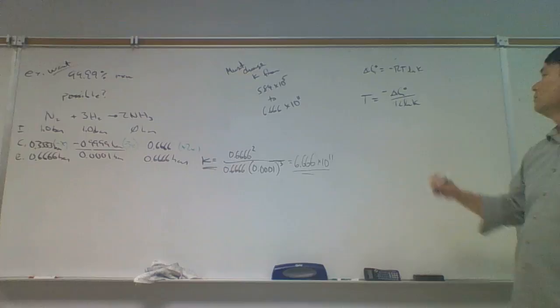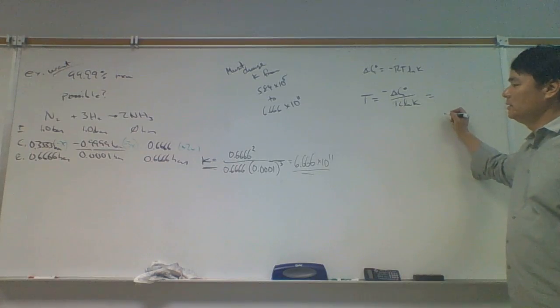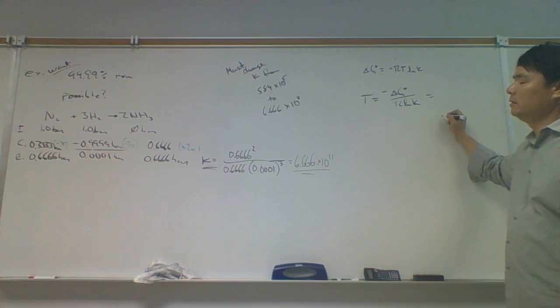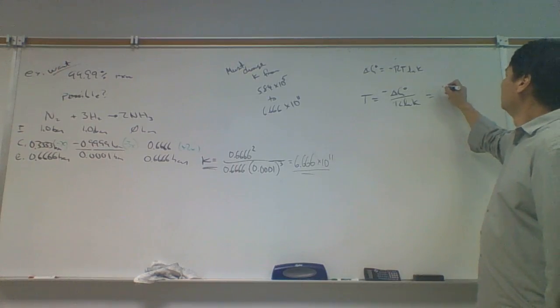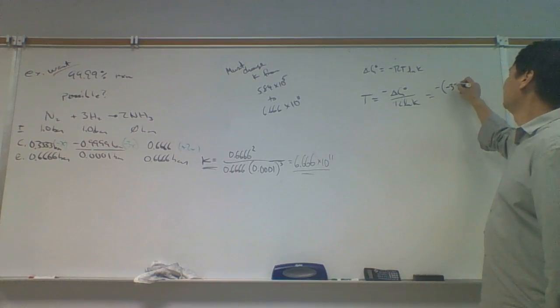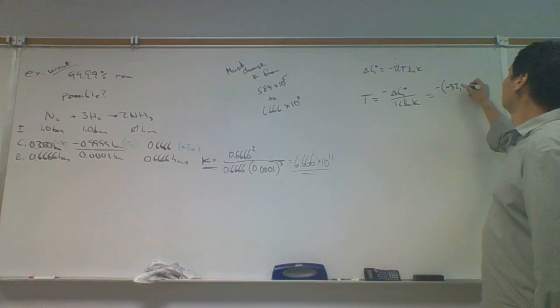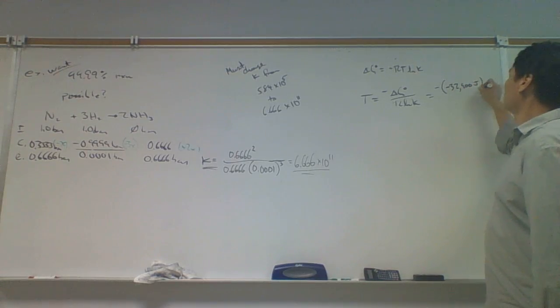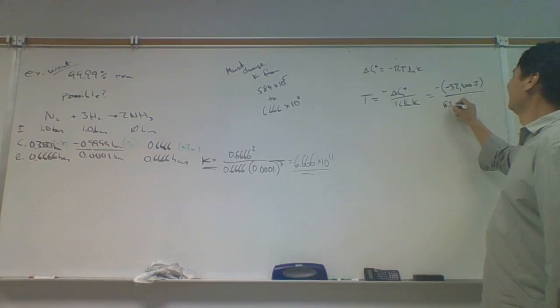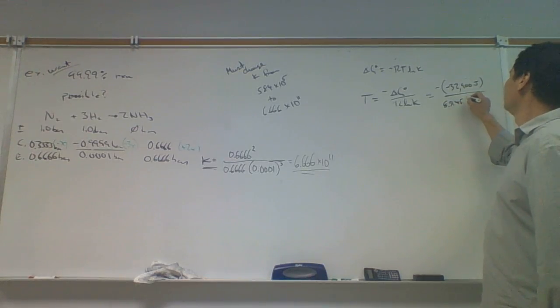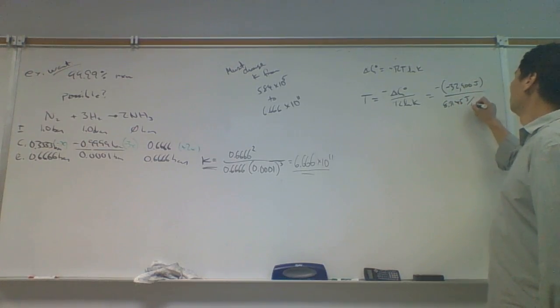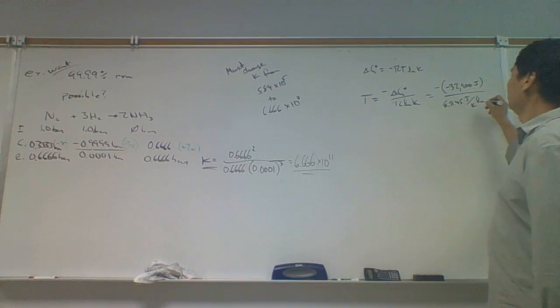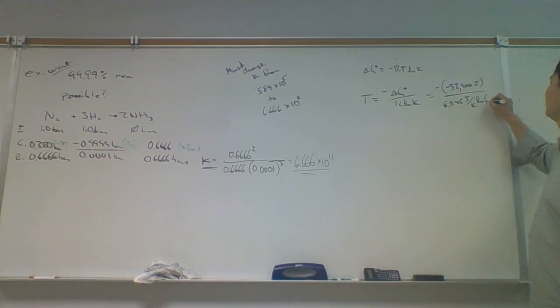If we plug it in, what was the delta G naught value that we calculated earlier? 32.9, was it? That was a minus 32,900 joules, divided by R, 8.3145 joules per Kelvin, ln, and just plug in the desired K value, which was 6.6666 times 10 to the 11.